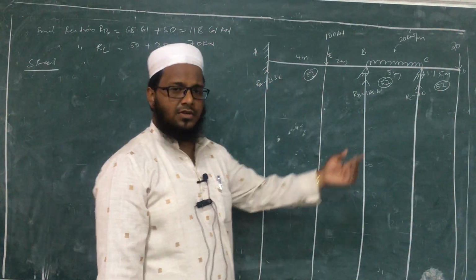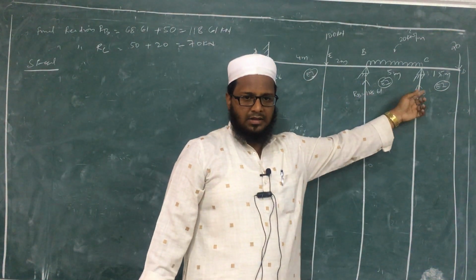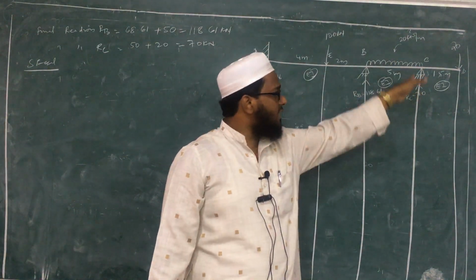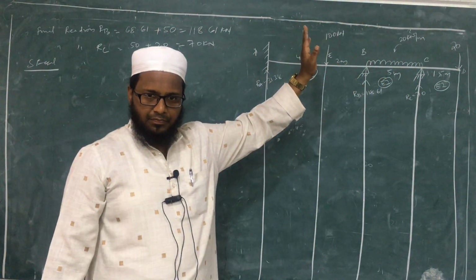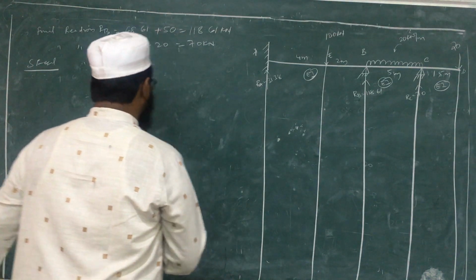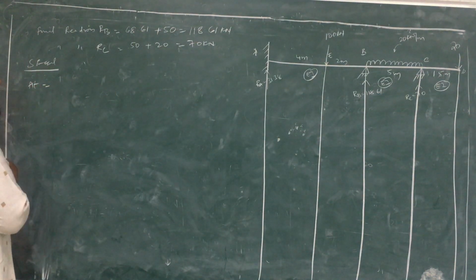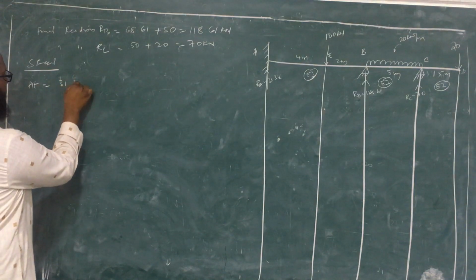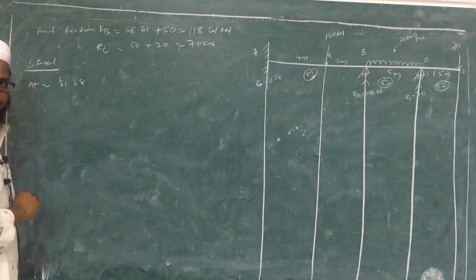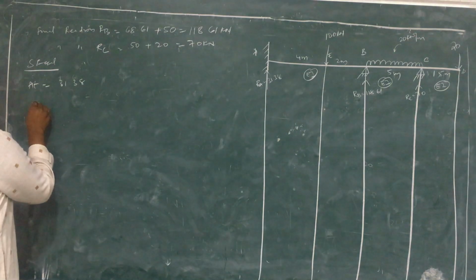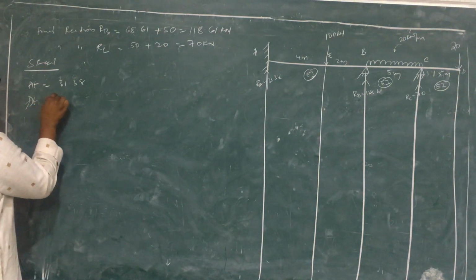So these are the final values which I have written here, and all these forces are going in upward direction, isn't it? Right? So at A, the shear force is 31.38.